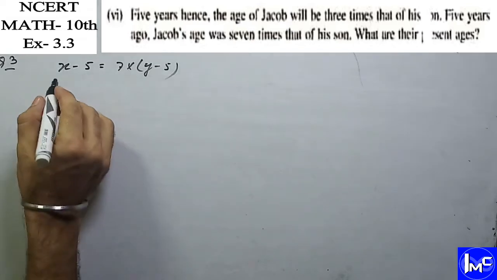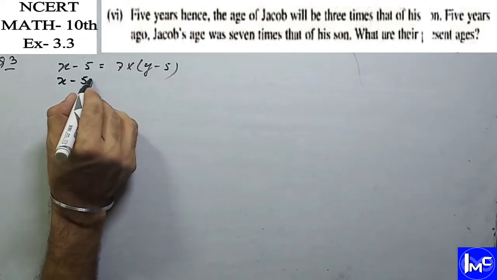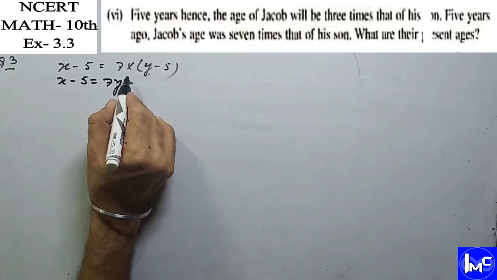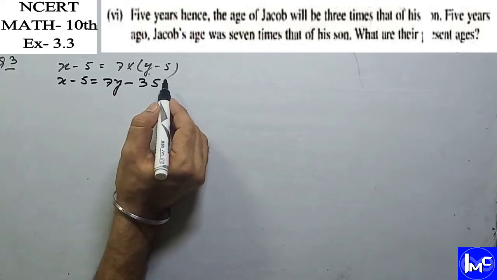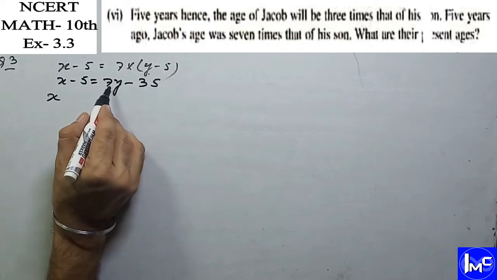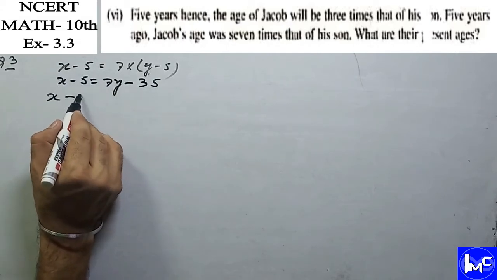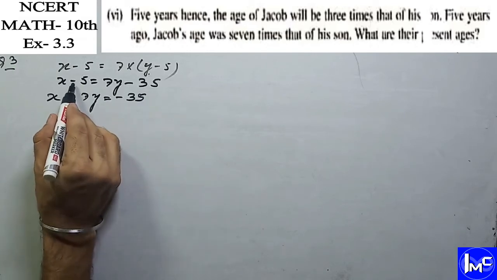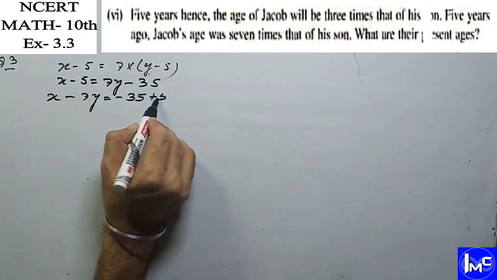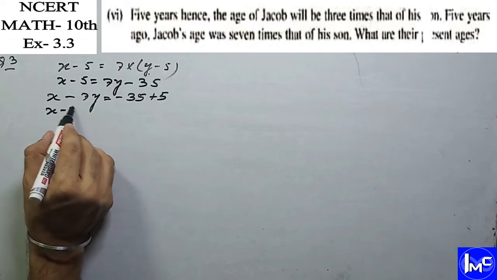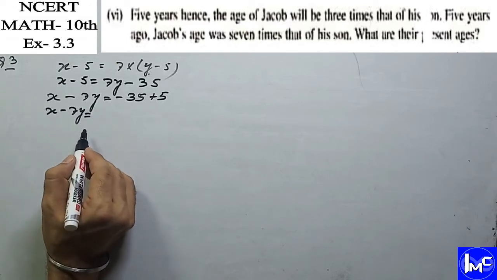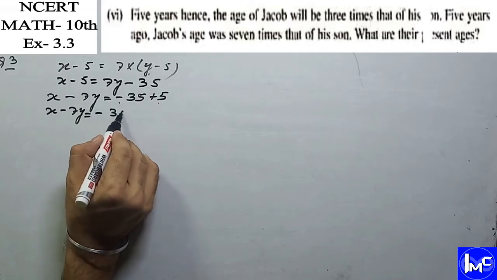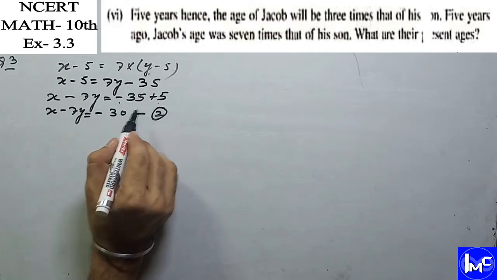For the linear equation, x minus 5 will be 7y minus 35, and this is x minus 7y is equal to minus 35, and this will be plus 5 here, and so x minus 7y is equal to minus 30. This is our second equation.